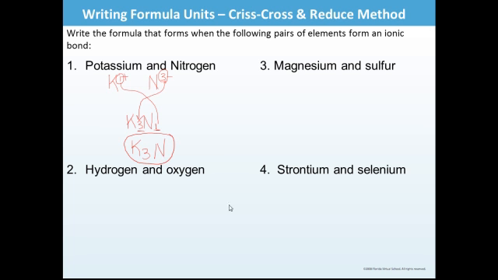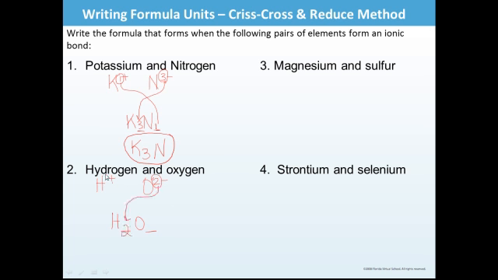Welcome back. Number 2 we see is hydrogen. Hydrogen has a +1 charge. Oxygen has a 2- charge. And now we're going to crisscross and reduce. So we're going to have hydrogen with some subscript, oxygen with a subscript. We're going to take only the number and crisscross just the number as a subscript.